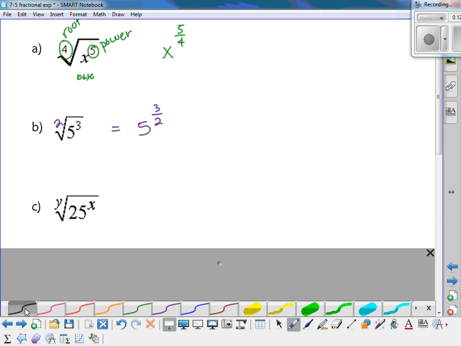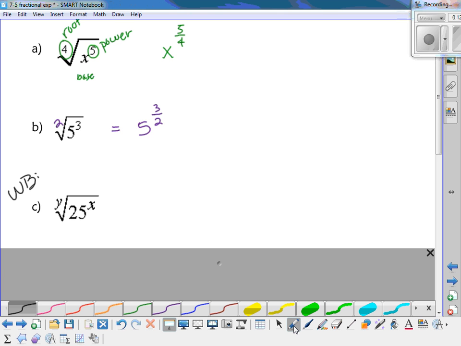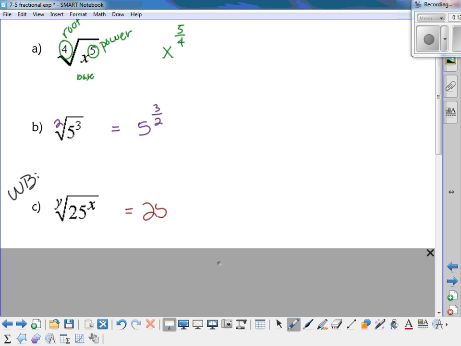So when you're done writing that down, do this problem on your whiteboard. All right, so what's my base? What's my power? And my root?